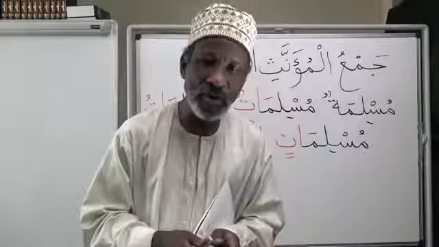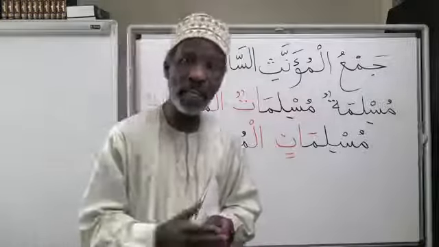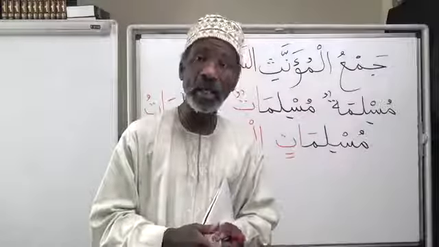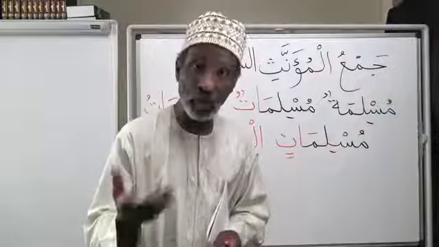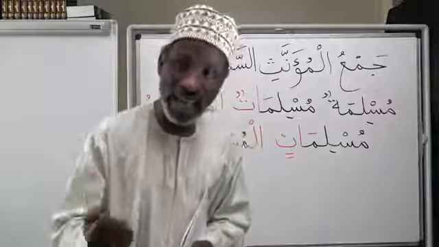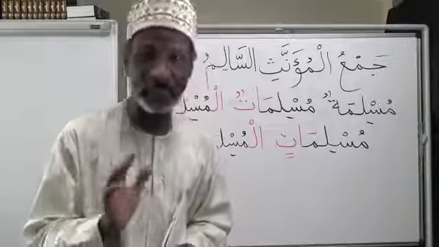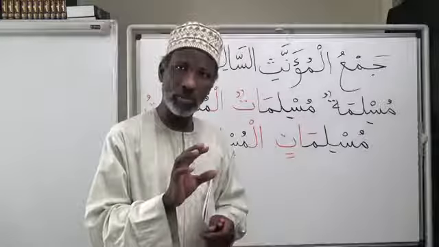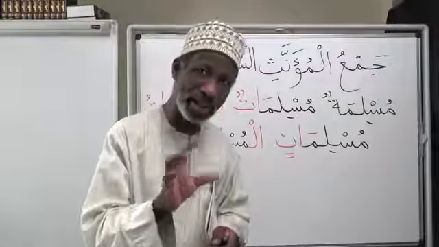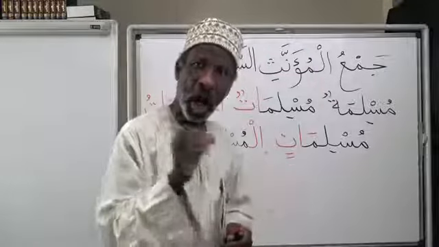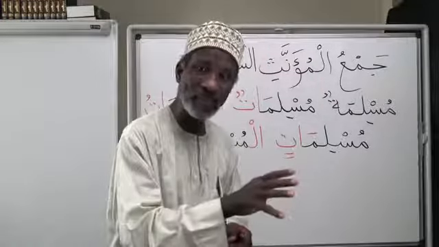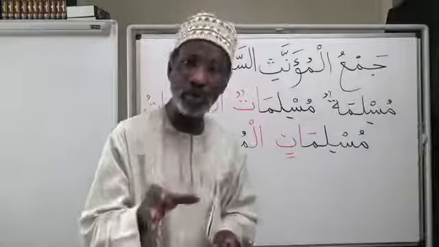So the regular or sound feminine plural ending is either -atun or -atu or -atin or -ati. Now those are the two branches of al-jam' as-sahih or al-jam' as-salim, the sound plural.